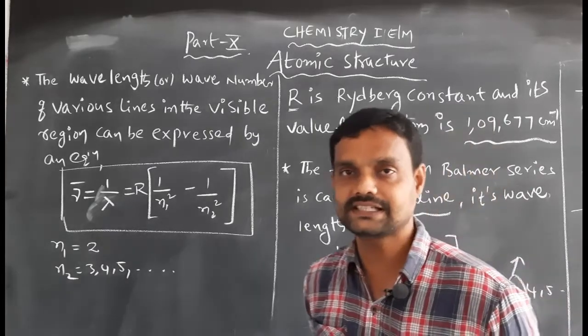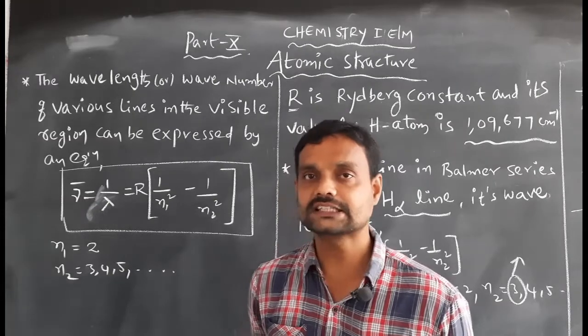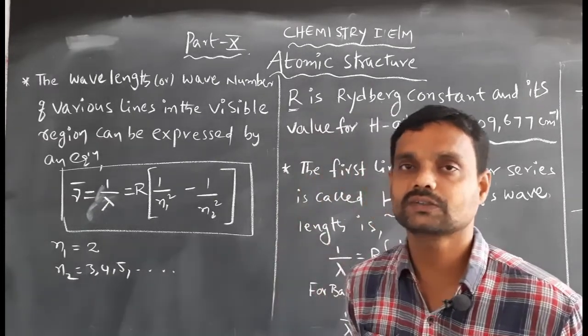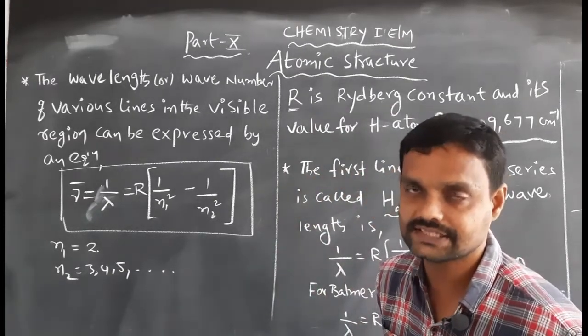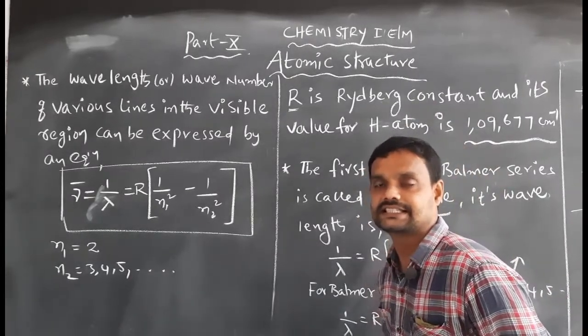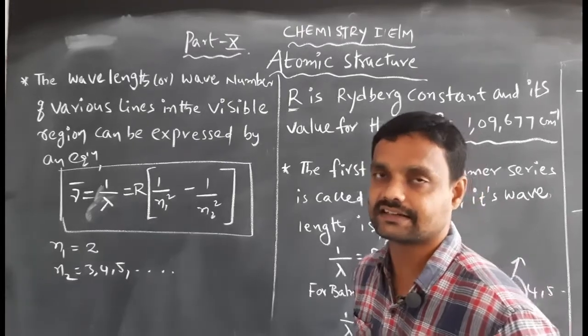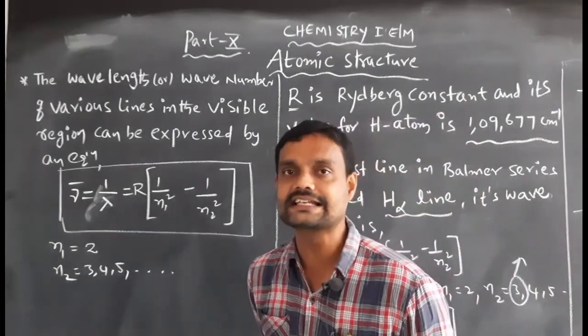So in the Balmer series, the wavelength or wave number of the different lines can be calculated by using the equation which is called the Rydberg equation.